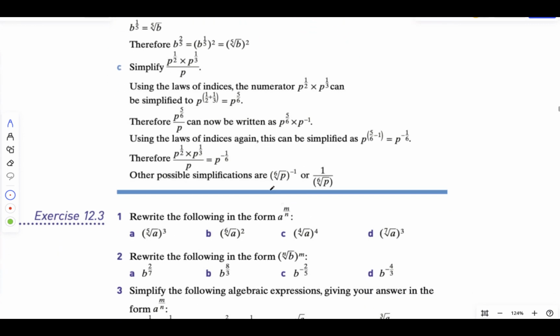Let's move on. They say simplify this one. We can apply the first law, meaning p raised to power, we're going to add this and this together. So if you add 1 over 2 plus 1 over 3, you're going to get 5 over 6.